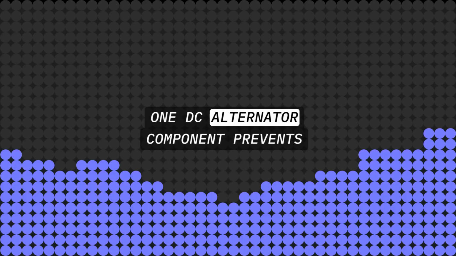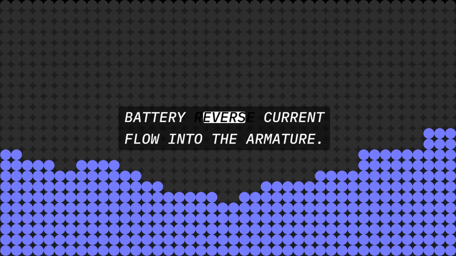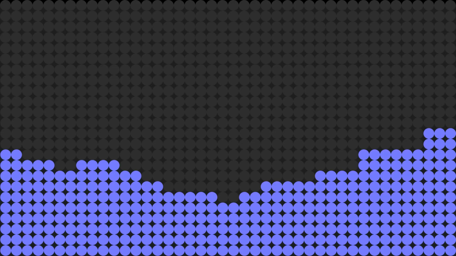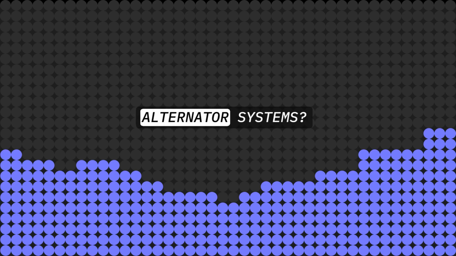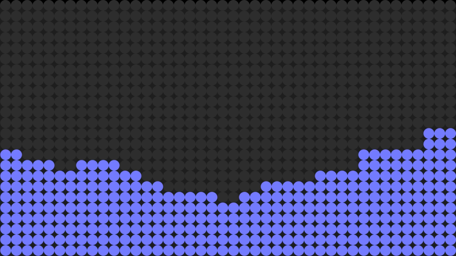What DC alternator component prevents battery reverse current flow into the armature? The rectifier. How many phases are used in most aircraft AC alternator systems? Three phases.